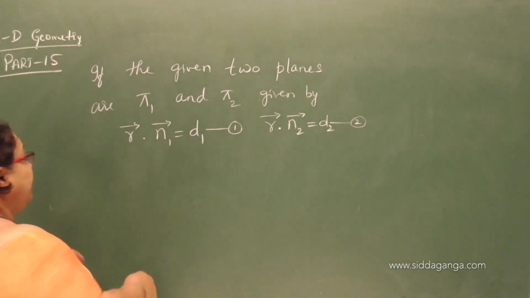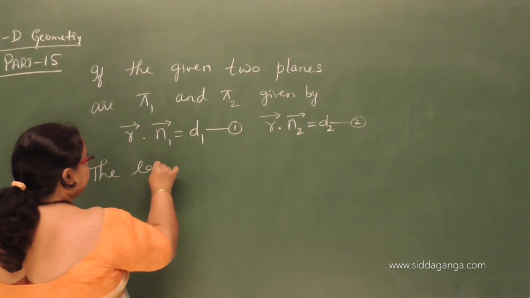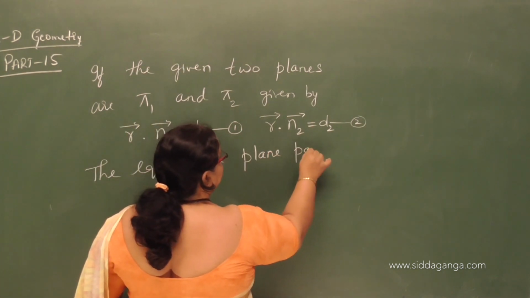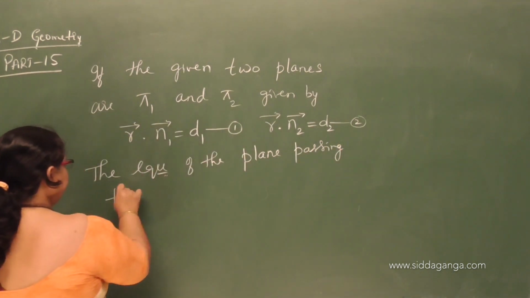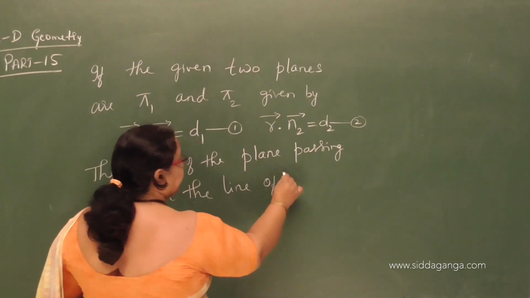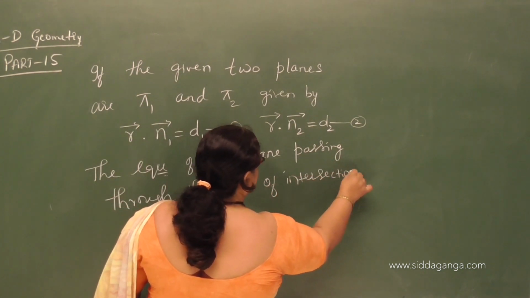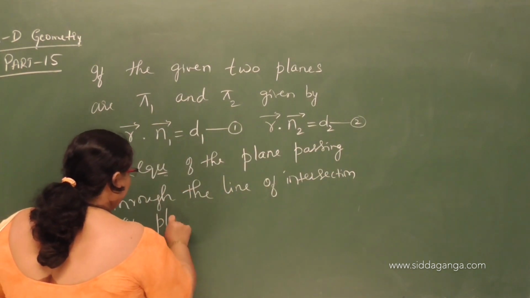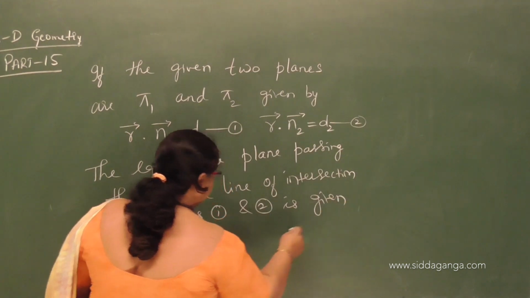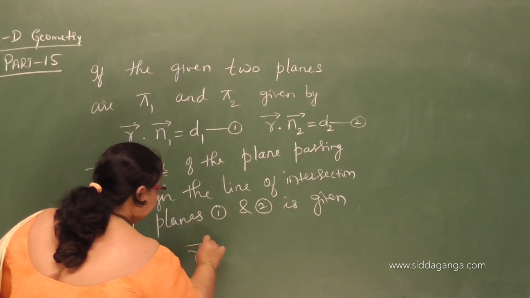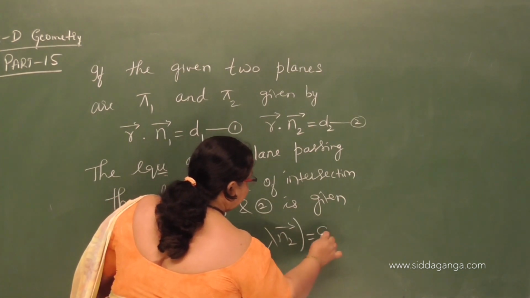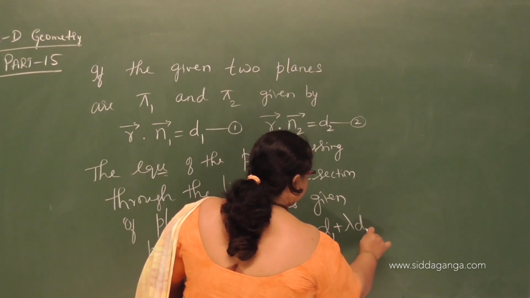Now, the equation of the plane passing through the line of intersection of planes 1 and 2 is given by vector r dot n1 vector plus lambda times n2 vector equal to d1 plus lambda times d2.